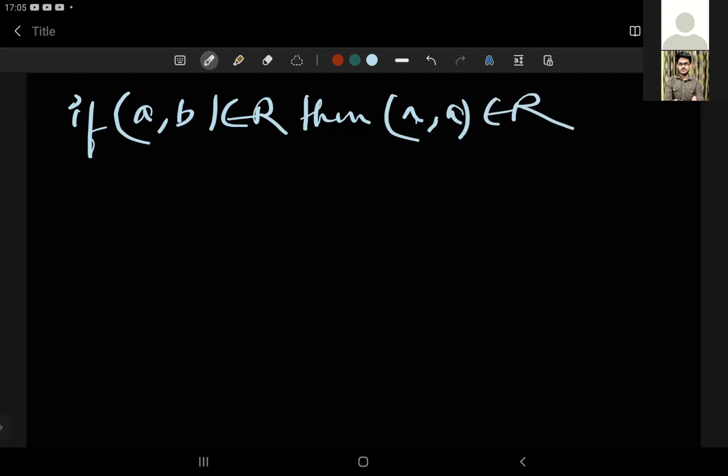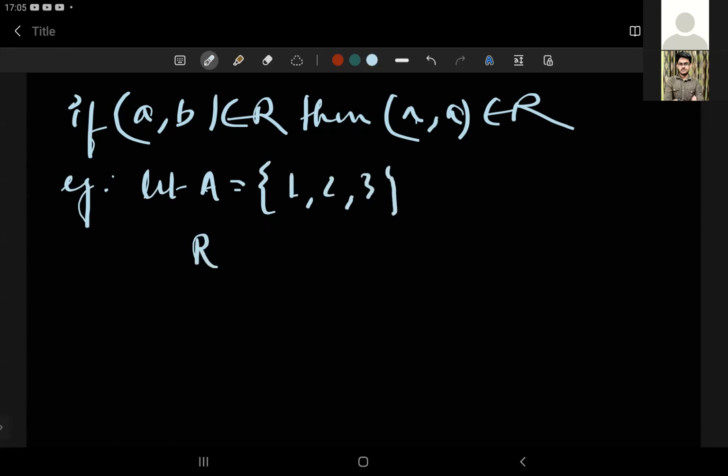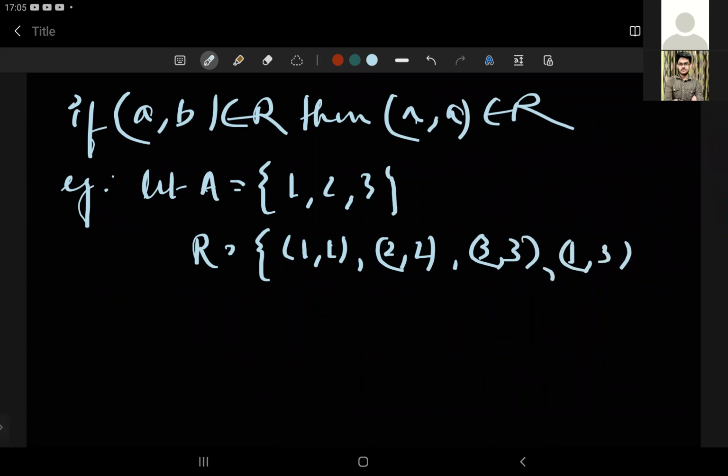Right. So let's say we take an example. Let we have a set capital A equal to {1, 2, 3}, and let's say we have a set R equal to {(1,1), (2,2), (3,3), (1,3), (2,1)}.